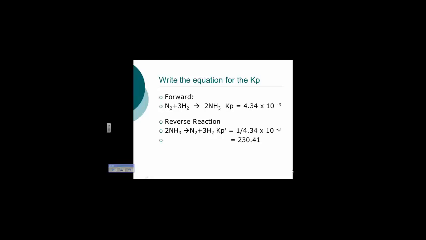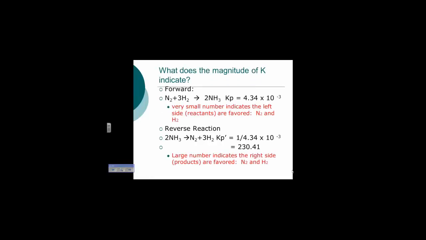It's the reciprocal of the original value. When you reverse the reaction, 1 divided by Kp, and I found that, but please double check my calculator skills, 230.41. When you reverse the direction, you reciprocal the original value.